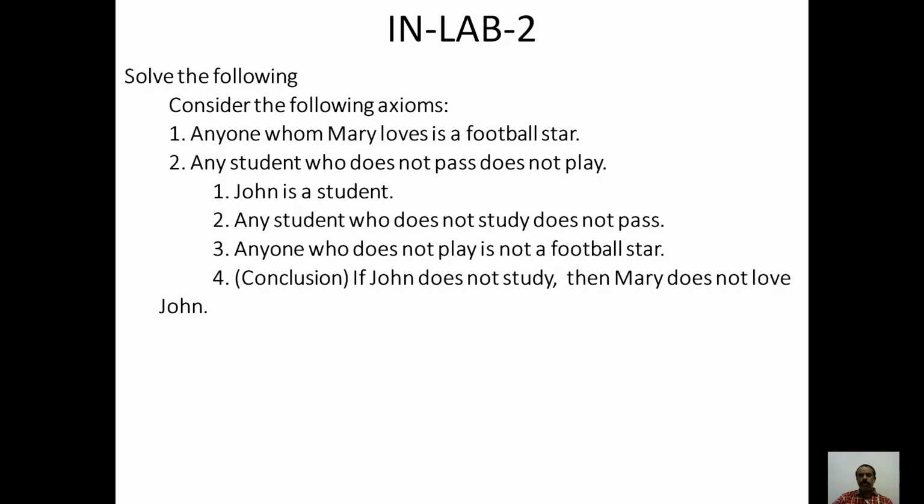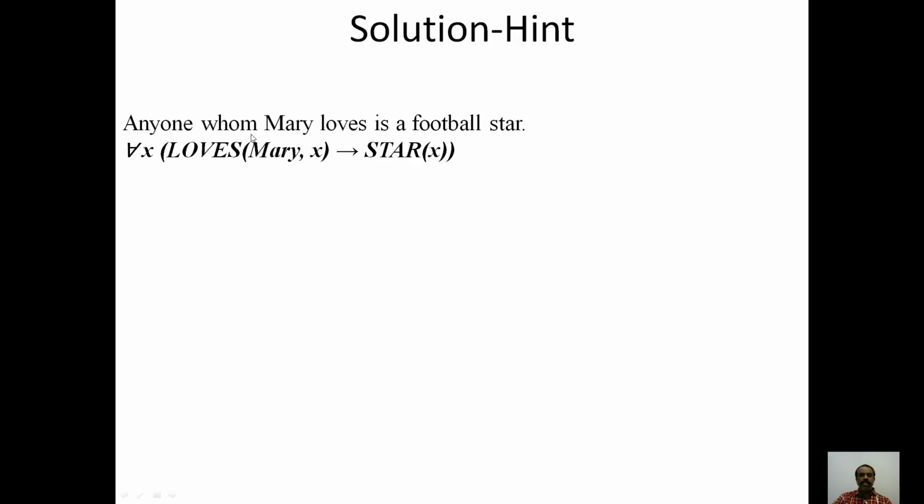I'll remind you that you need to be writing on your own. See, for the first one, anyone whom Mary loves is a football star. Here I consider Mary as a constant. Anyone, I'll represent as X. X represents anyone. So this X contains anyone, it could be a football star or it could be anyone.